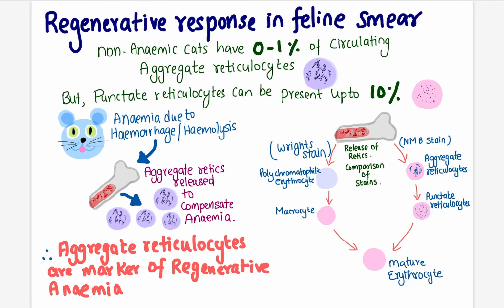That's exactly why aggregate reticulocytes are the markers for regenerative anemia in cats. The maturation is like this: a metarubricyte will become an aggregate reticulocyte, that will become a punctate reticulocyte, and the punctate reticulocyte will mature to become a mature erythrocyte.